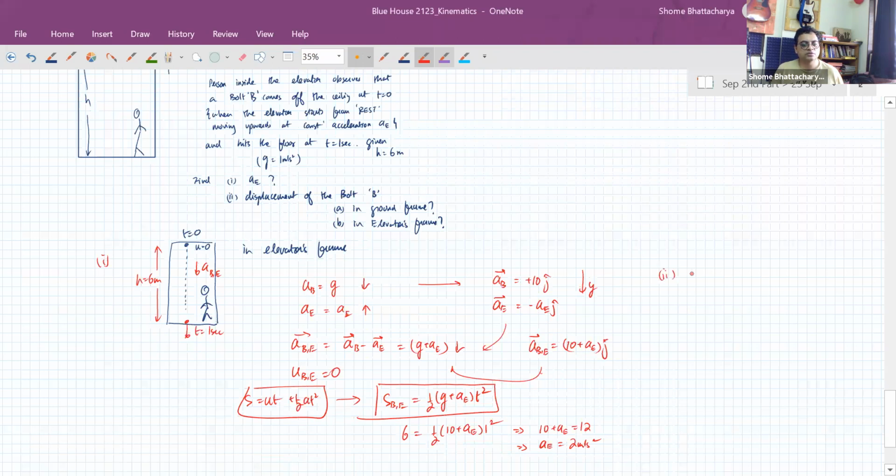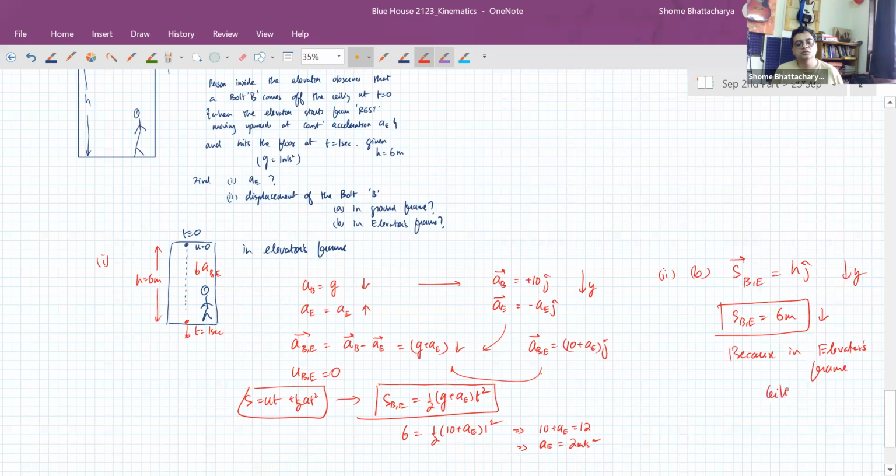For the second question, B part we already know that the displacement of the bolt in the elevator's frame is equal to h j cap, where I've taken y-axis downwards, or displacement of bolt with respect to elevator is 6 meters downwards, because in the elevator's frame, okay, ceiling to floor is a fixed distance of h equal to 6 meters. That is the explanation. Okay.